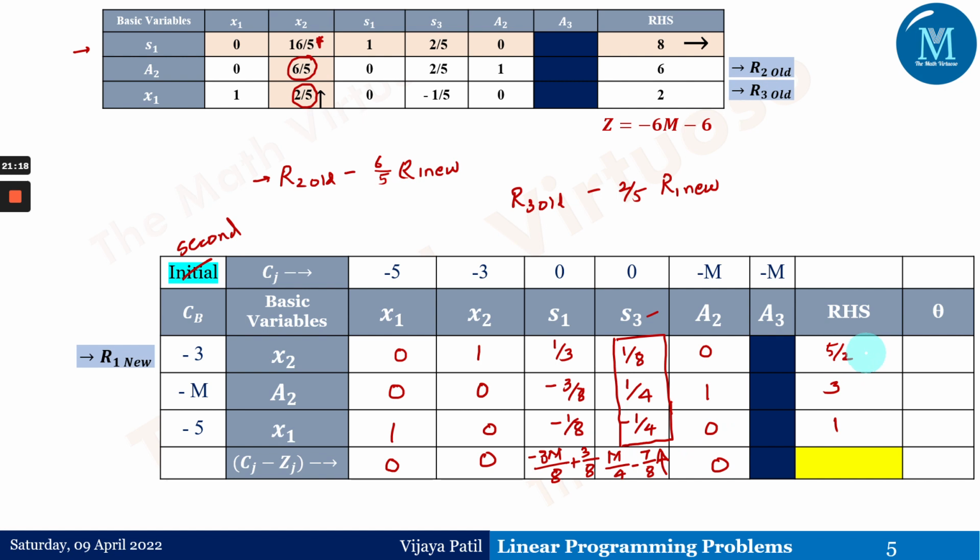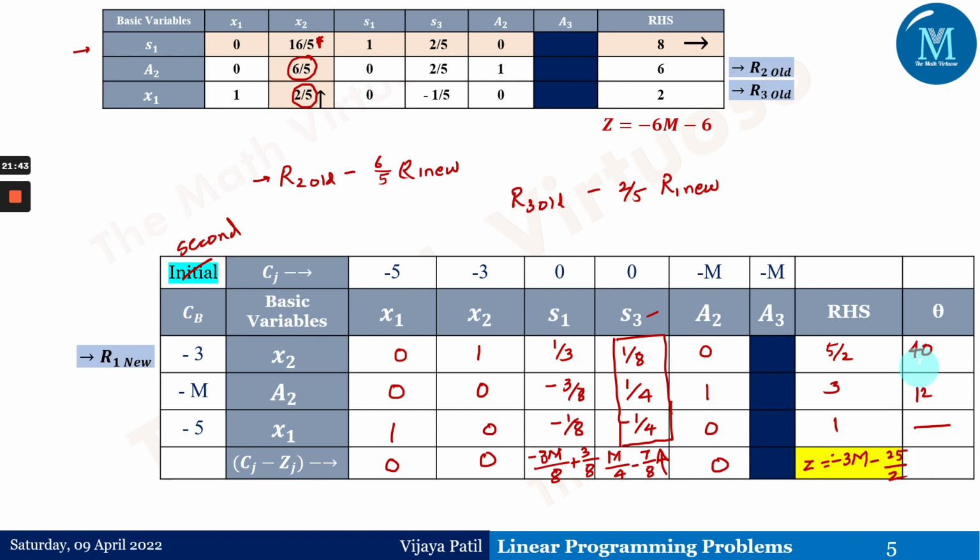Now the theta value would be 5 by 2 upon 1 by 8, which gives us the value 40. Please do check it. The next value is 12, and for the next, because of this minus 4, this becomes nil, so we are not considering this value. And what would be the Z value over here? Z value is minus 3m minus 25 by 2.